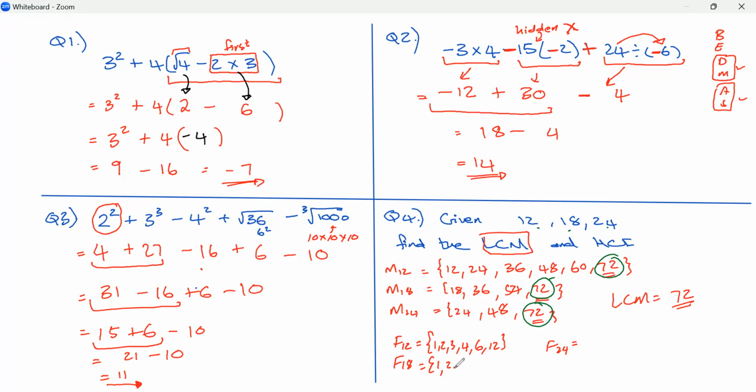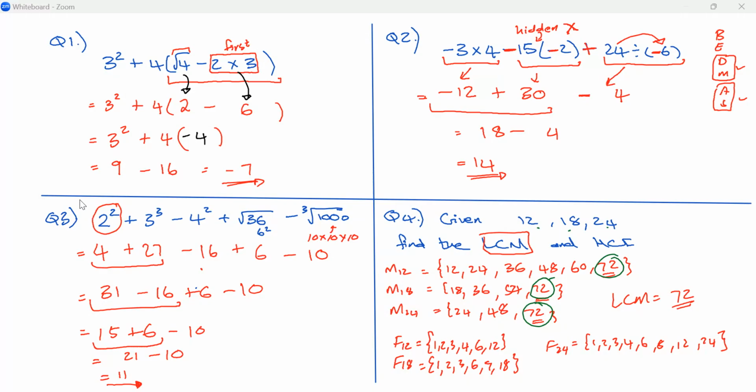And then 1, 2, 3, 6, 9, 18. So I need to know my times tables quite well because I've got to know what numbers divide into that, especially if I don't have a calculator. So 1 times 24, 2 times 12, 3 times 8, 4 times 6, then go backwards. 6 times 4, 3 times 8 we said, 2 times 12, and 1 times 24.